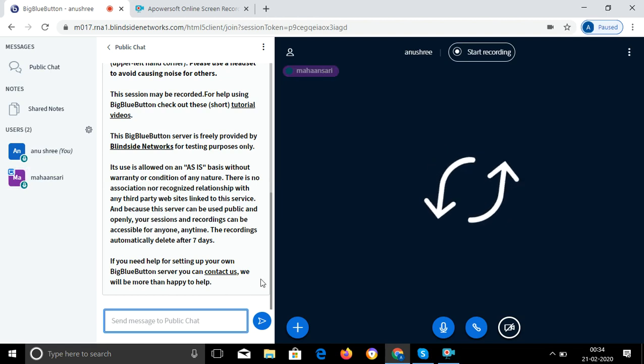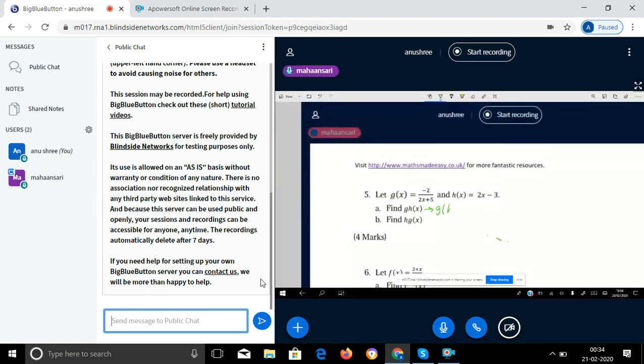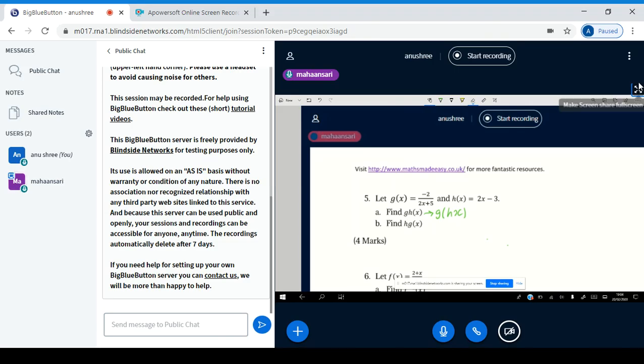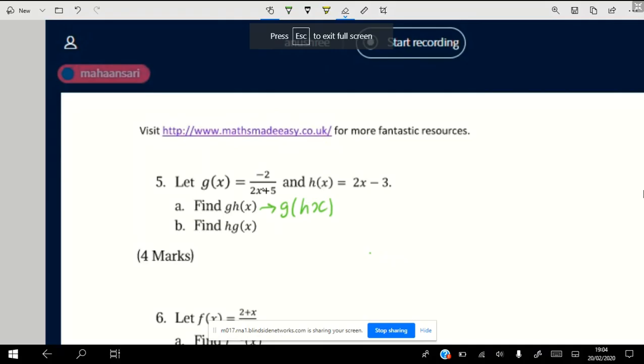Okay, so this would become GHX, which means that... Is that right?